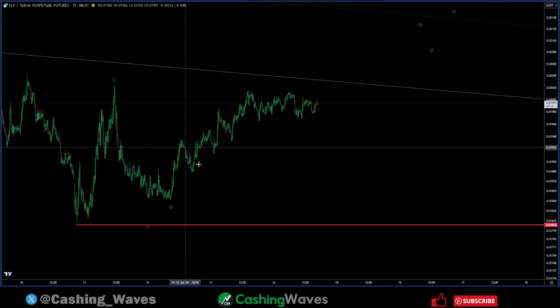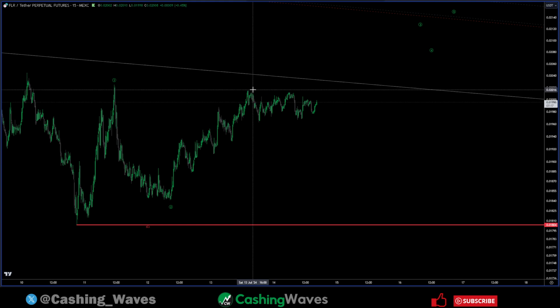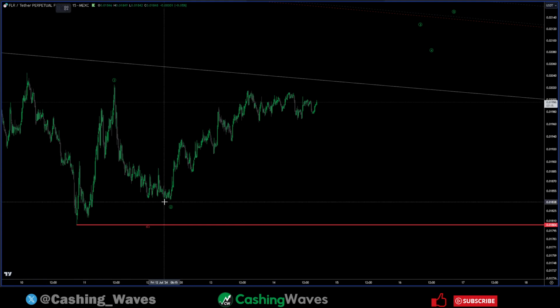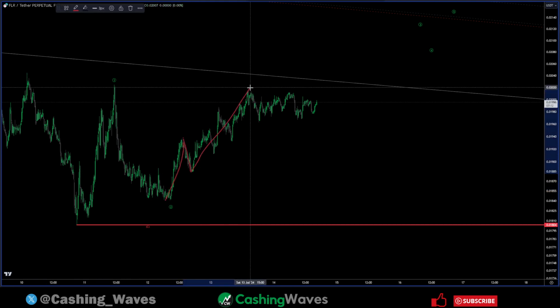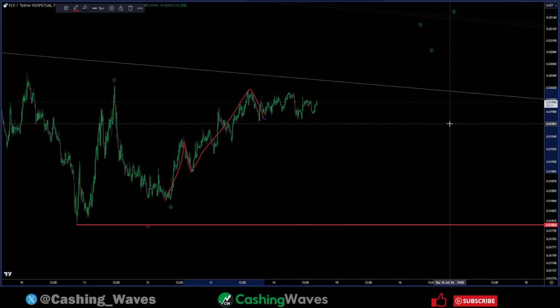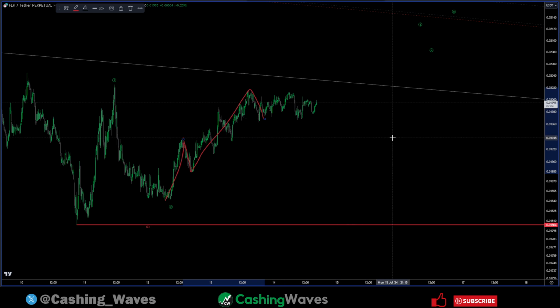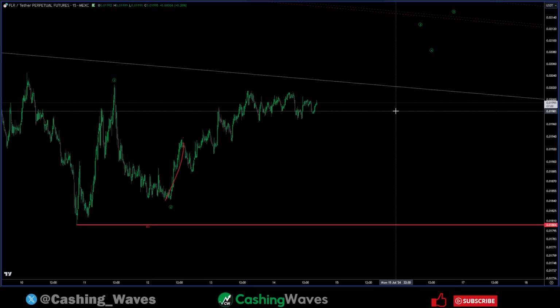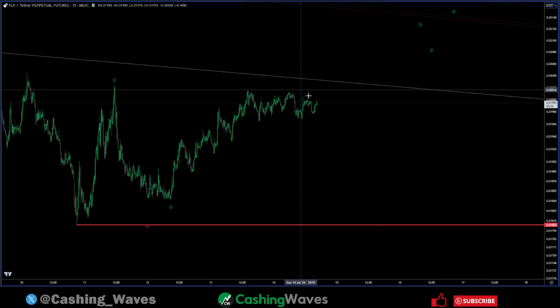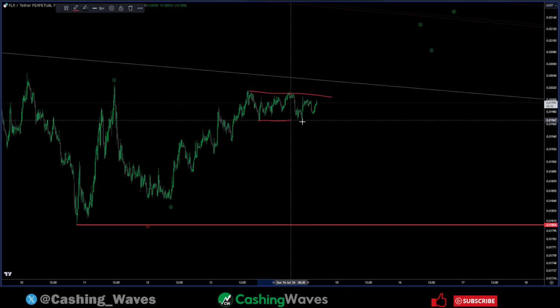This would either be a diagonal or 3 nested 1-2s. I'm just showing you the best case scenario here. I'm not saying this is going to happen, okay? I think it's very unlikely to happen, but I at least want to have the opportunity for those that are actively trading this. So that would be a 1-2, 1-2. Now, the reason I wanted to post this too is this is actually a pretty nice sideways move.